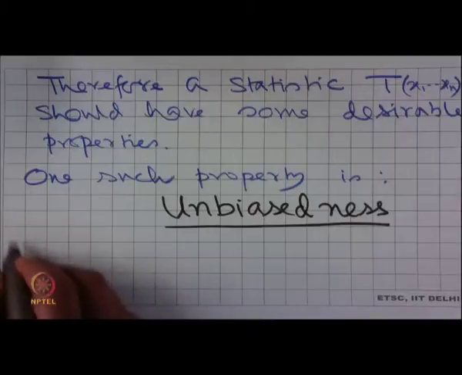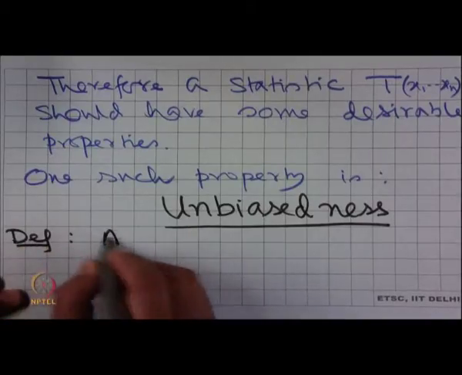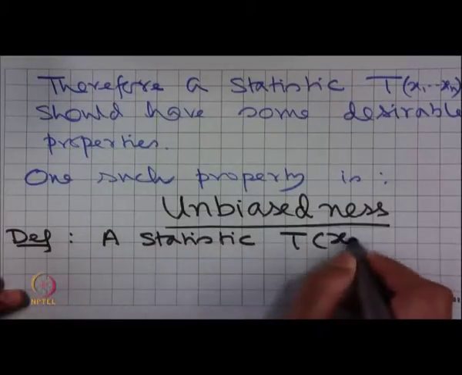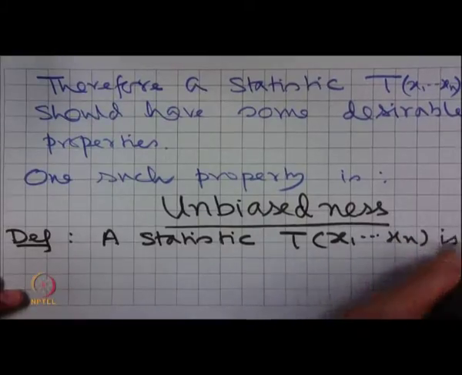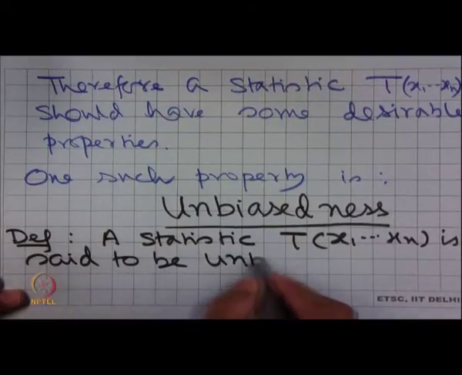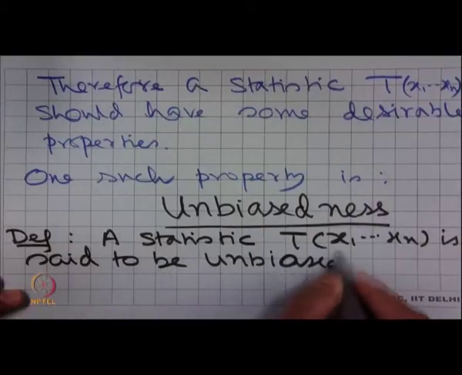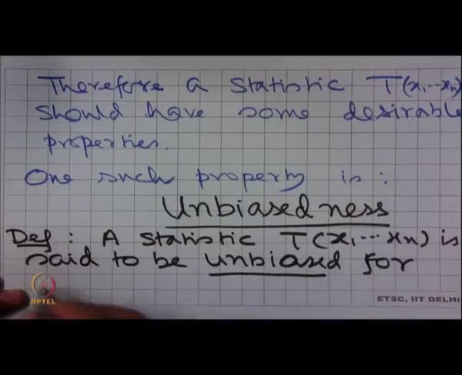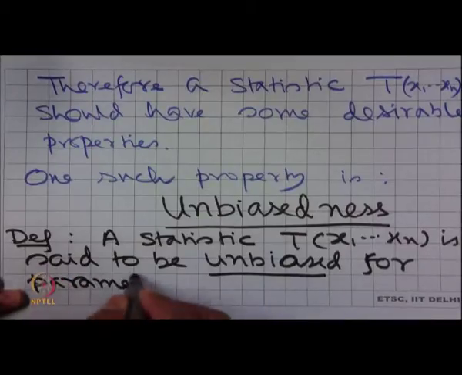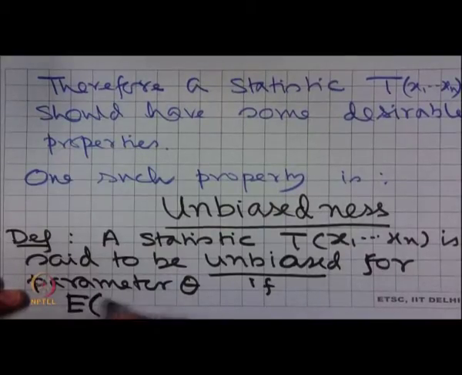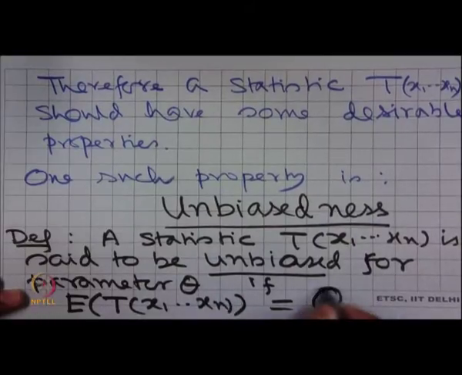What does it mean? A statistic T(x1, x2, ..., xn) is said to be unbiased for parameter theta if the expected value of T(x1 to xn) is equal to theta.